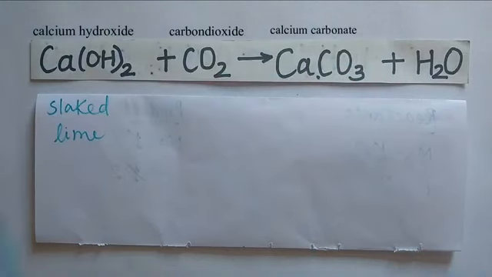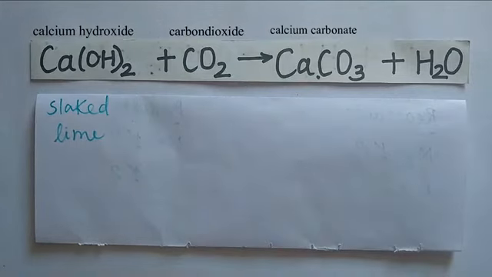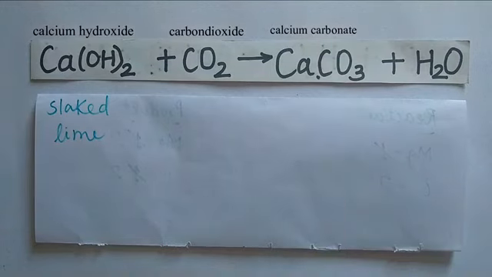And if you do this process for 2 to 3 days continuously, then you will find a shining finish on your walls. That is because of the formation of calcium carbonate. And it is also to be noted that CaCO3, which is calcium carbonate, is also the chemical formula for marble, right? Because even marbles are shiny, and the wall, because of your whitewashing, also becomes shiny.